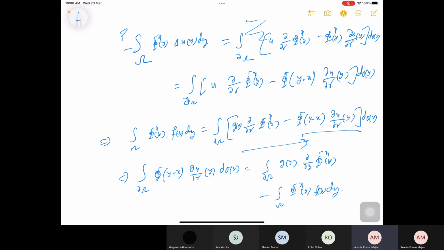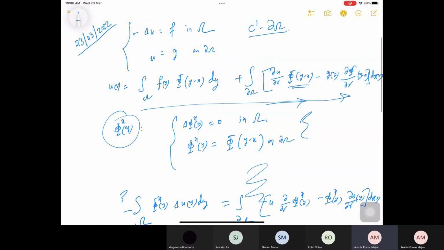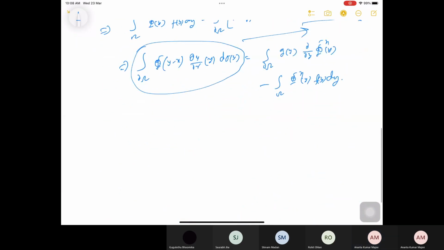Okay, so now if you replace this value in these equations, then what I have is the following: u of x, which is the integral over omega of f of y.